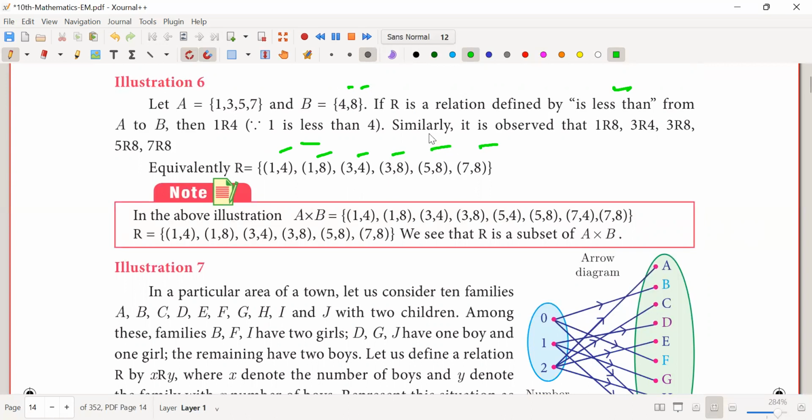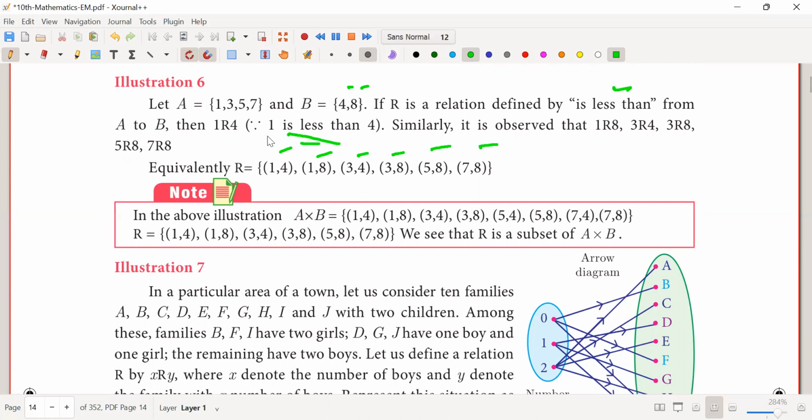See here, the relation is given by 'less than'. In the first exercise, we went through all the ordered pairs, whatever pairs we could give. From those pairs, now we are relating to some other pairs with a set of rules, less than or greater than.